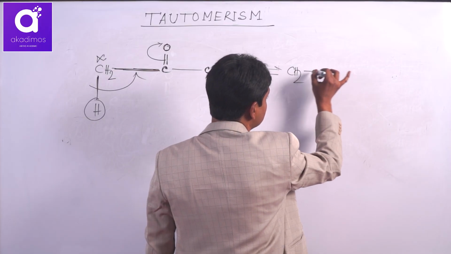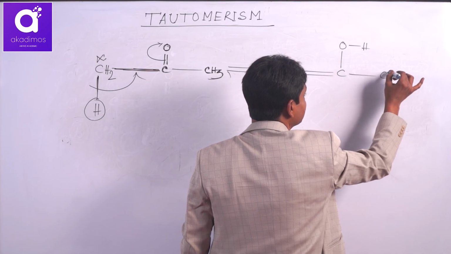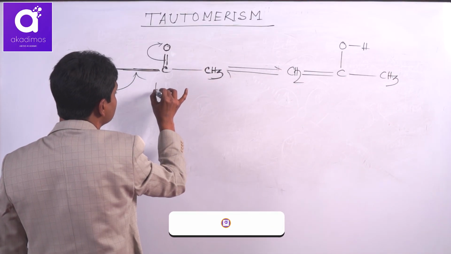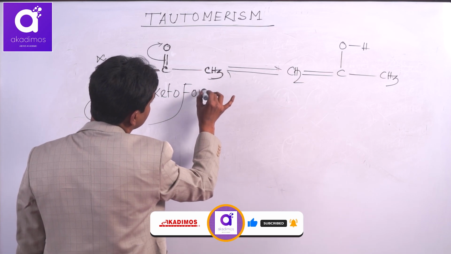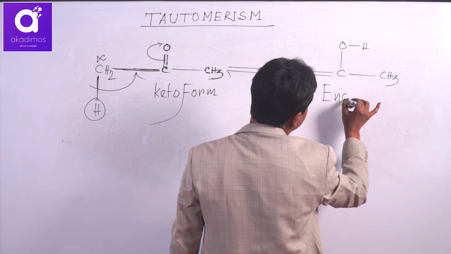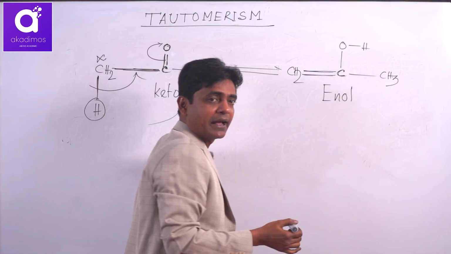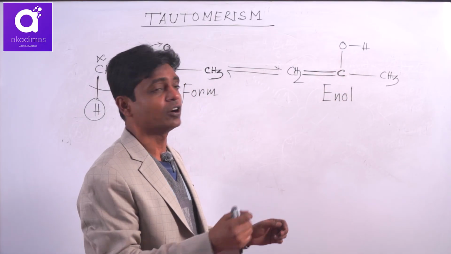You will get CH2 double bond C OH CH3. This is called keto form. You know, C double bond O, that is called keto form. And this is called enol form. Enol means double bonded carbon, and OH with it, that is enol.